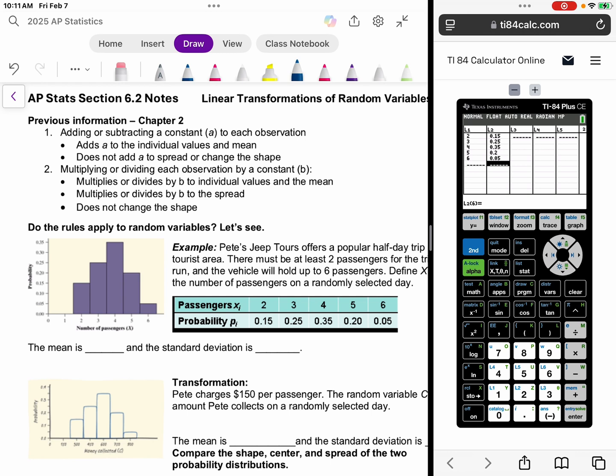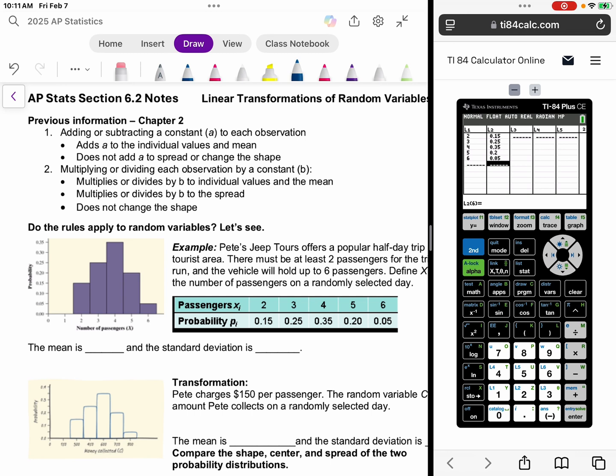When we add or subtract a constant to each observation, it adds to or subtracts from each individual value and the mean. It does not change the spread or the shape. When we multiply or divide every observation by a certain constant, it changes the individual values and the mean. It also multiplies or divides the spread by the absolute value of what you're multiplying by, and it does not change the shape.